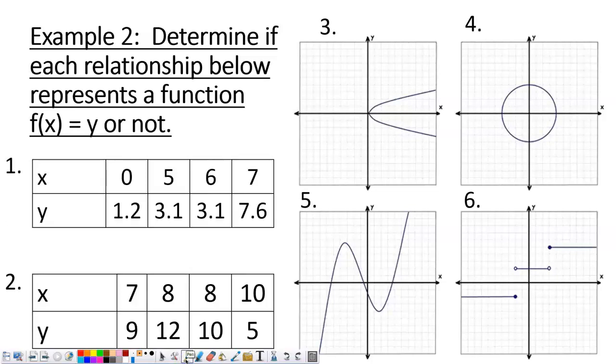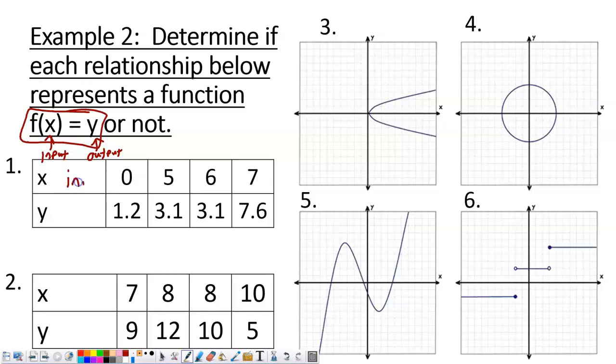Determine if each relationship below represents a function, f of x equals y. Now, this is a restriction. I'm telling you that x has to be the input and y has to be the output. Okay? Because I've defined it like that up here. So, let's go ahead and take a look at our table.